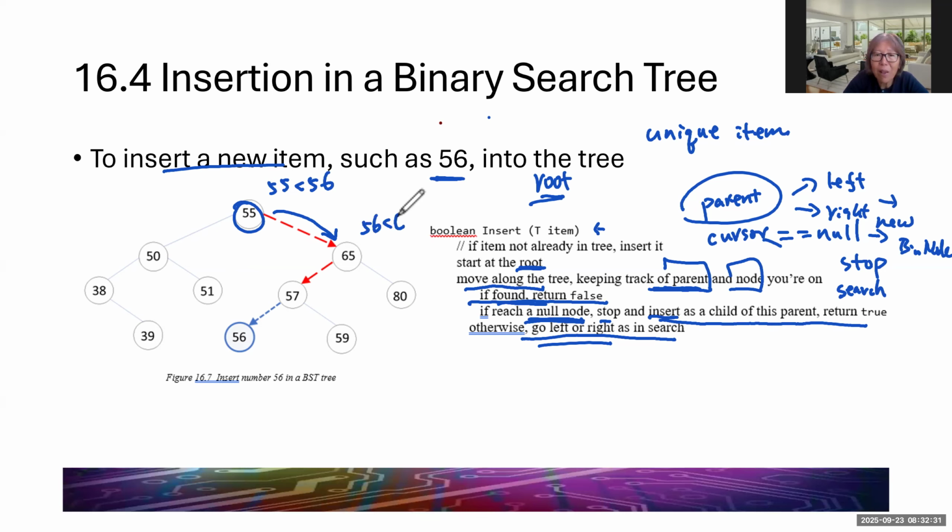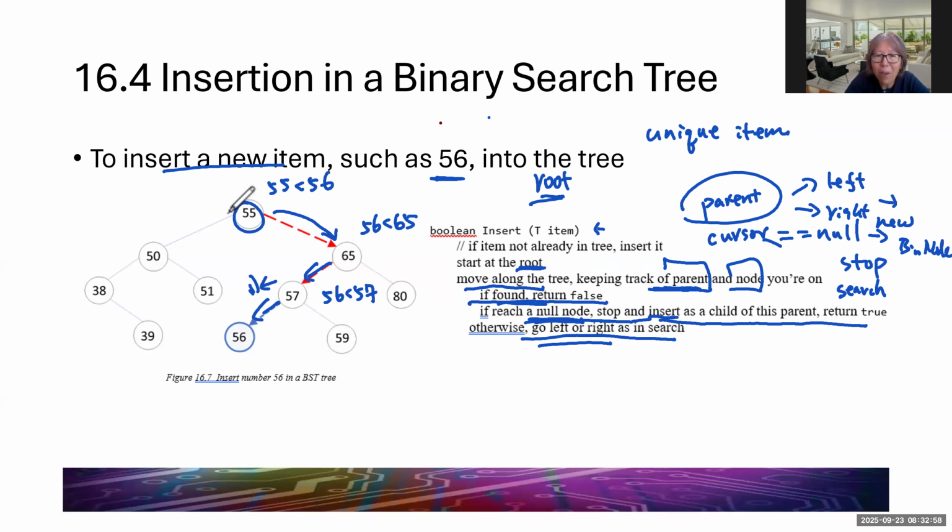It's less than, so we need to go to its left, and its left node is 57. 56 is less than 57, so you go to its left. And its left is a null node, so you stop. At the same time, we also keep track of the parent.